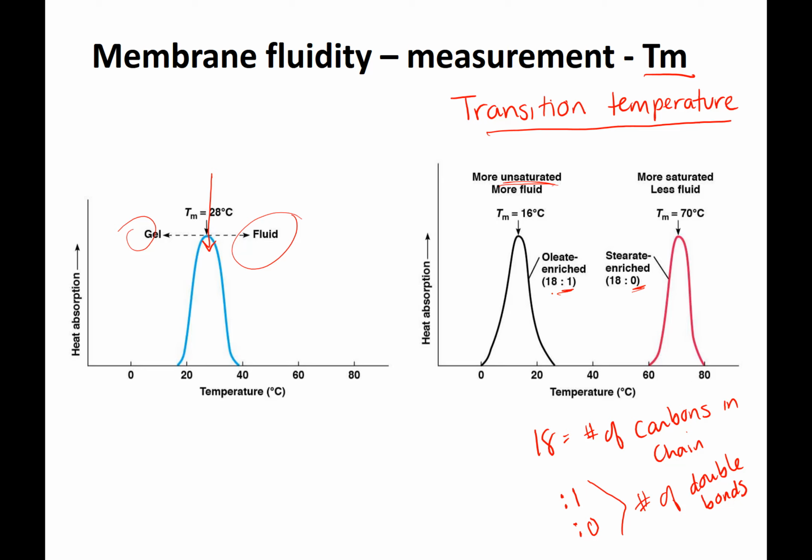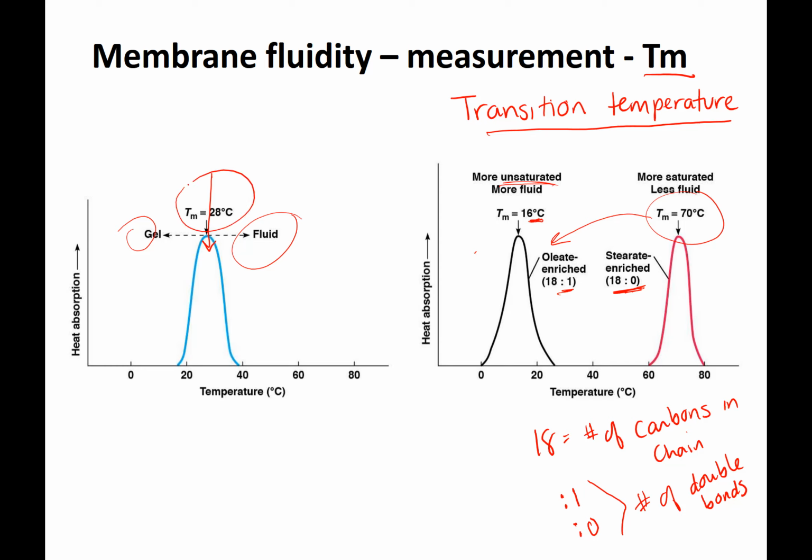So if this is 18 and 0 with a TM of 70 degrees, and when you add one double bond, your transition temperature drops way down, which means now at 16 degrees is the sweet spot between gel and fluid.